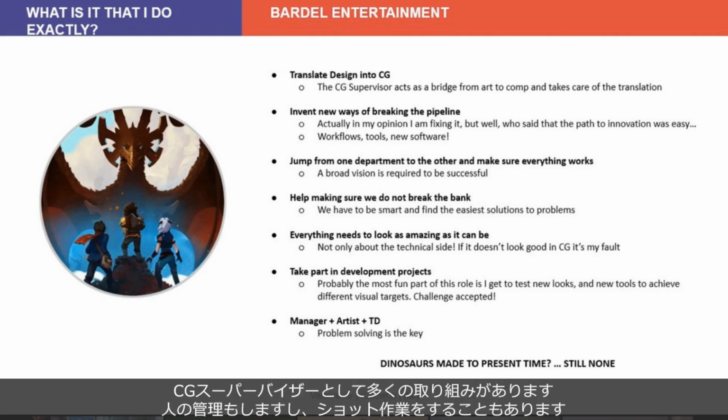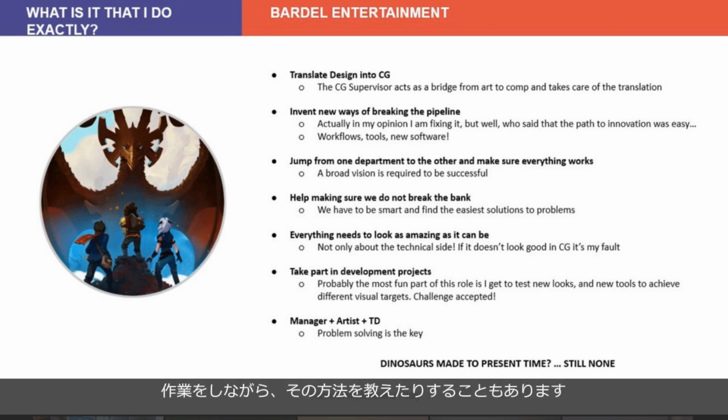And the last point is, again, we have to be a little bit of everything as CG supervisor, and we have to manage people. We have to sometimes get our hands dirty and do some of the shots, like I do a lot of them. My focus is mainly lighting and comp. We have to get our hands dirty sometimes and do it ourselves or show someone how to do it.